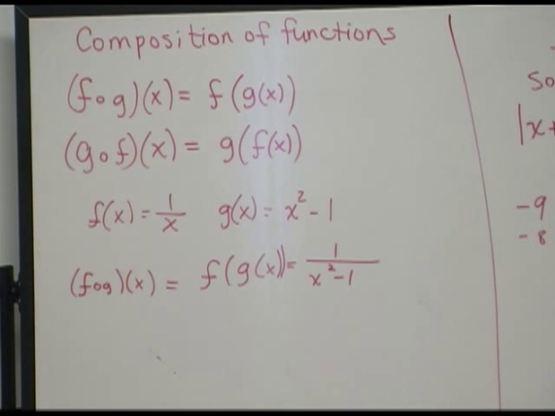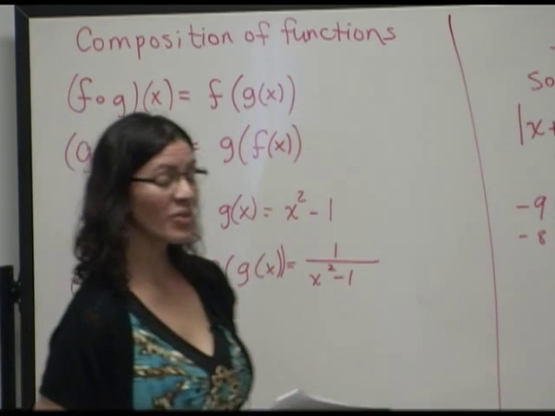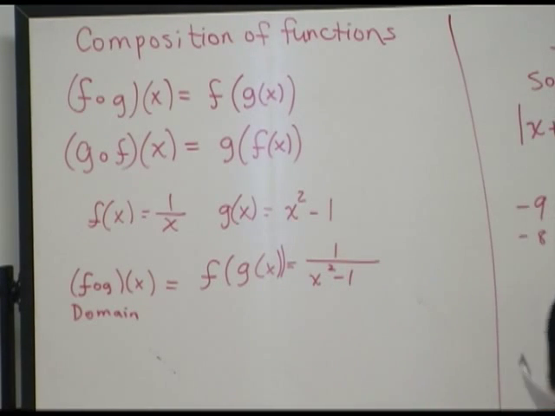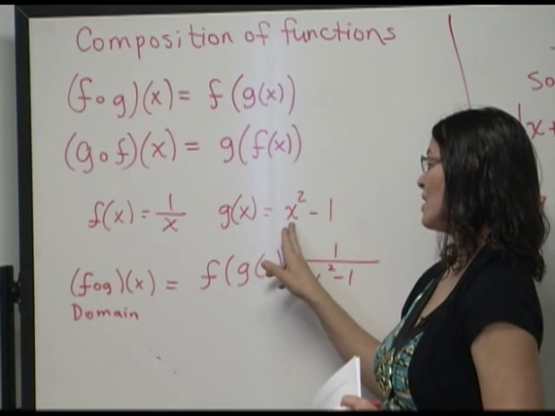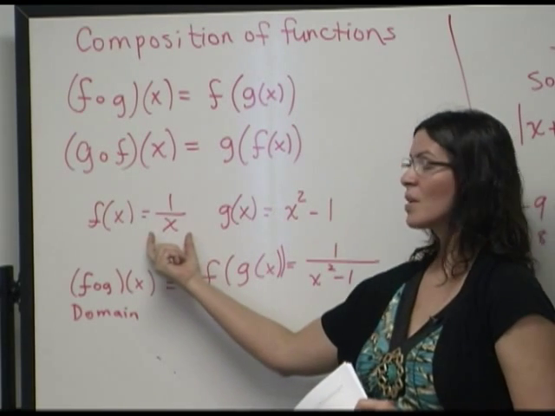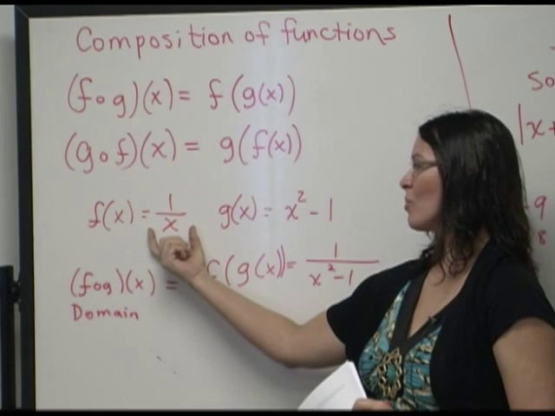Now, let's find the domain. What will be the domain? Negative infinity to positive infinity? We have a variable in the denominator, right? Remember, this is f of g of x, right? G of x is what goes in the x. What happens with the domain of f of x?